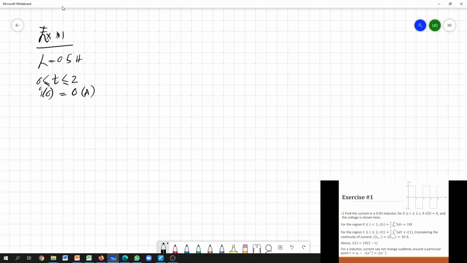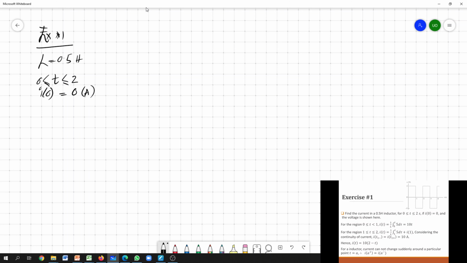The voltage across the inductor is given as a periodic square wave, which operates between plus 5 and minus 5, and we are asked to derive the expression for the current between 0 and 2.